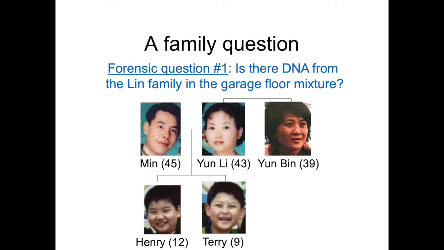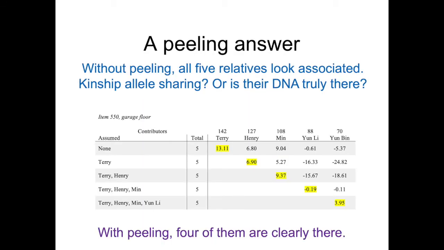If so, that could indicate that Z had brought the blood back on his shoes from the crime scene into his garage floor and his house. Without peeling, all 5 relatives look to be associated with the garage floor stain. Is this due to kinship, allele sharing, or is their DNA truly present?